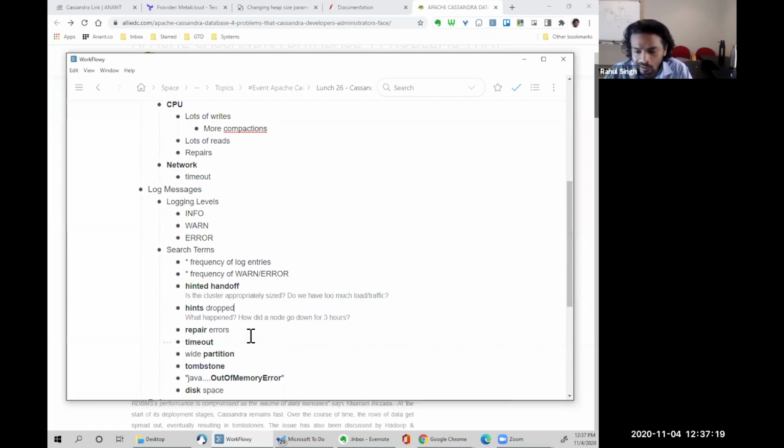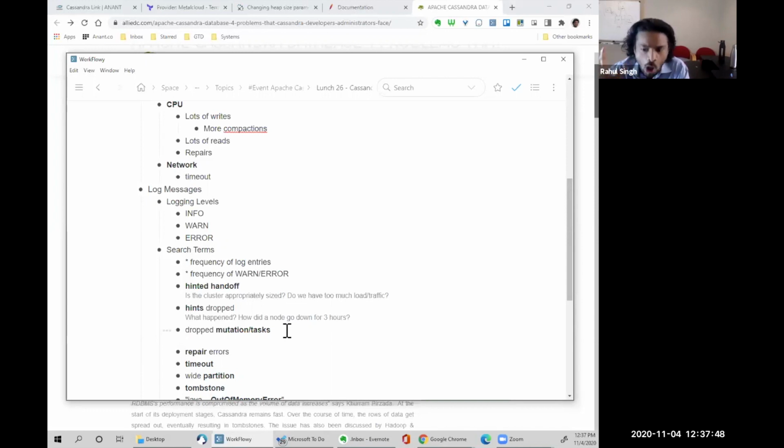Related to hints dropped, I would say is dropped mutations. I said dropped tasks, not just mutations. These are metrics that are stored inside JMX and can be accessible if you pull them into Prometheus or if you have OpsCenter.